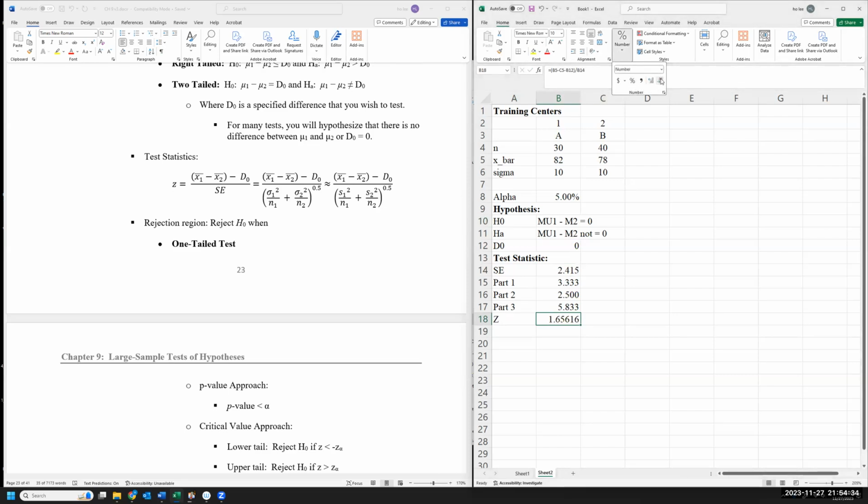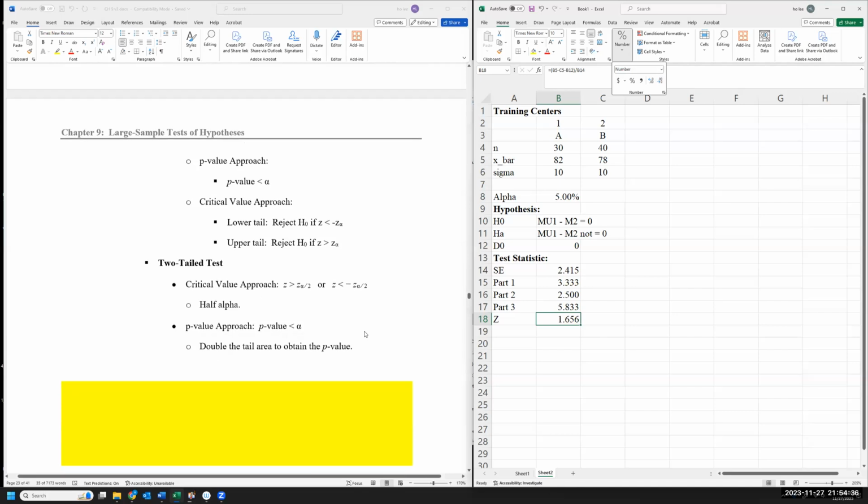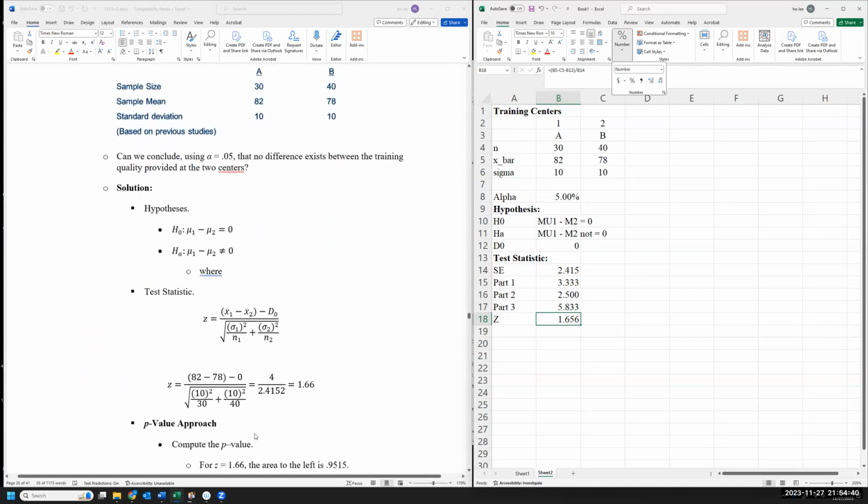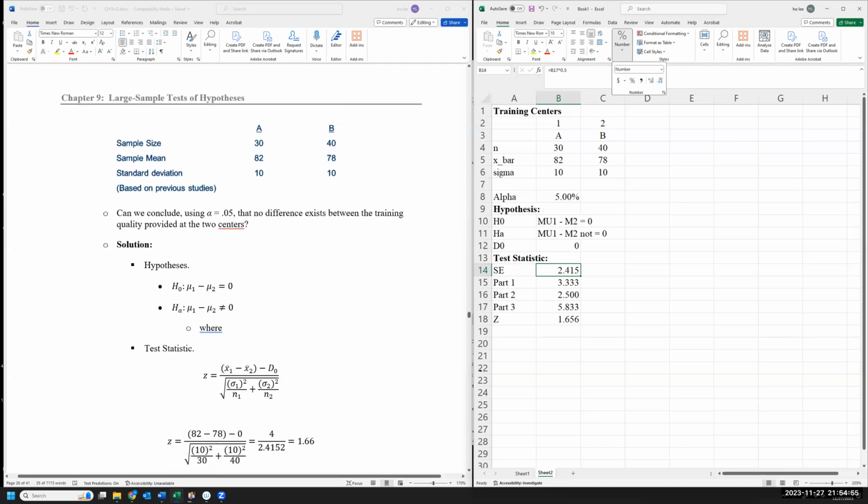So, let's go check this. Training center. Yep, test statistic 1.66. Okay, perfect. And the standard error is 2.415. Yes, perfect. So we did this correctly.